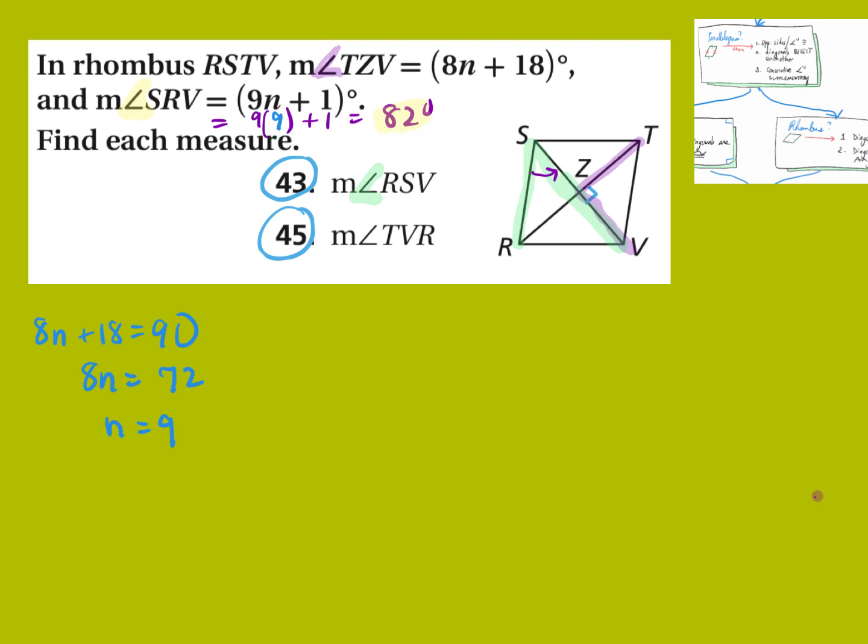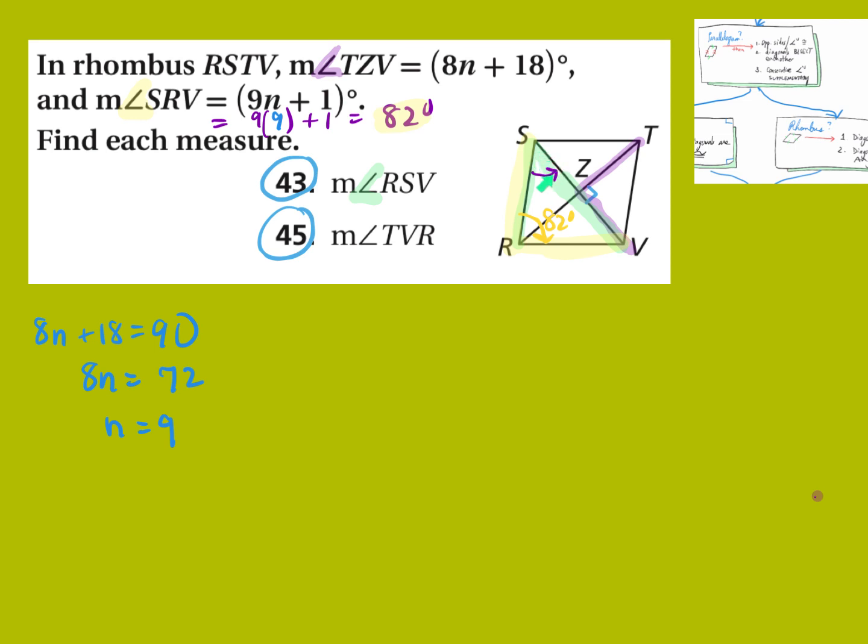Where's SRV? From the S, the R, to the V. So it's this rotation, and that's 82 degrees. How is that going to help us to find this angle? Well, if it's a rhombus, these diagonals are bisecting the angles.